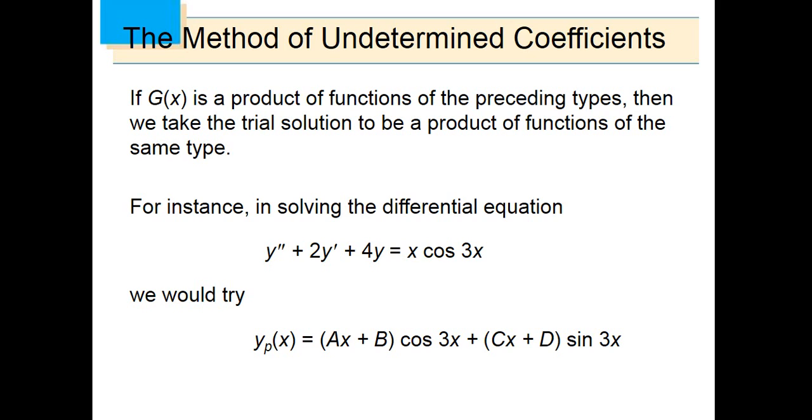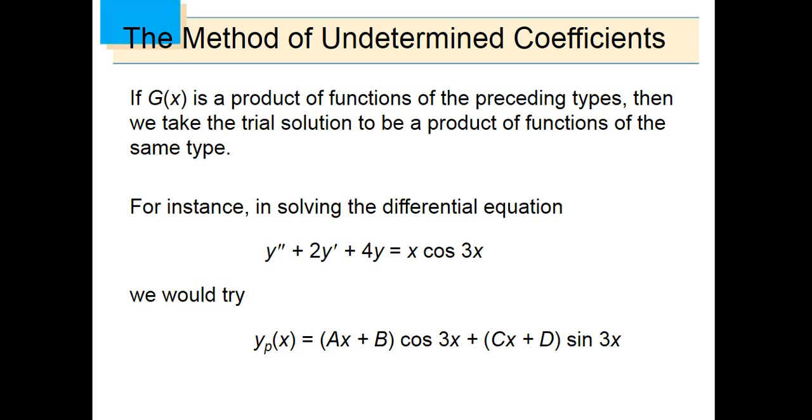For the cosine, we know that it should be a cosine 3x and b sine of 3x. And since this cosine was multiplied by an x, the original a and b here were replaced by the form of the particular solution of this first degree polynomial. So you write ax plus b and cx plus d.